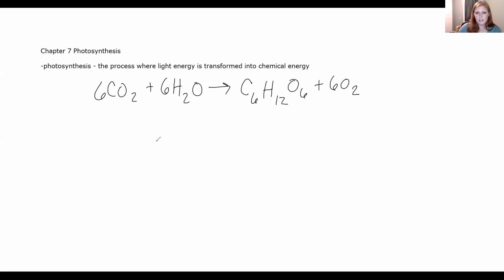You can kind of see that this is a nifty little circle of life, if you will, because the things that the plants produce, glucose and oxygen, are things that animal life has to have to do cellular respiration. But then the things that we produce as products of cellular respiration are the things required for plants to do photosynthesis, right?